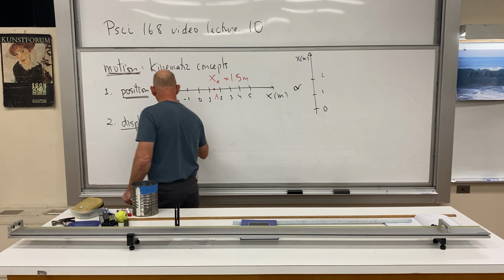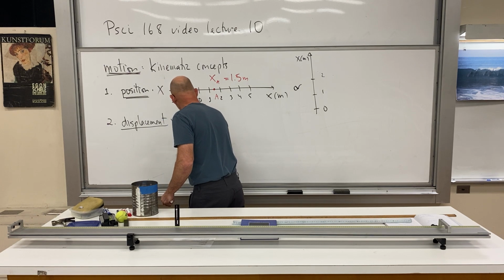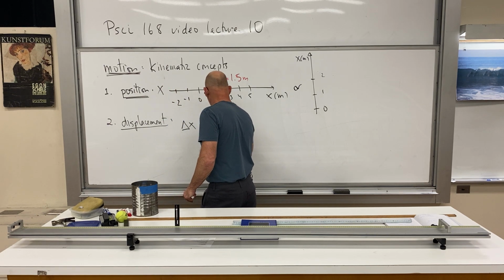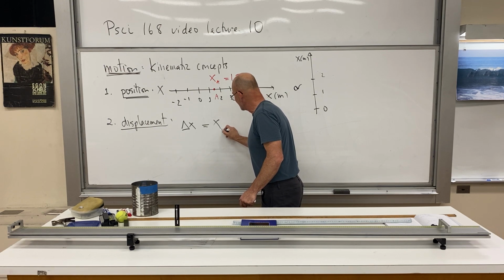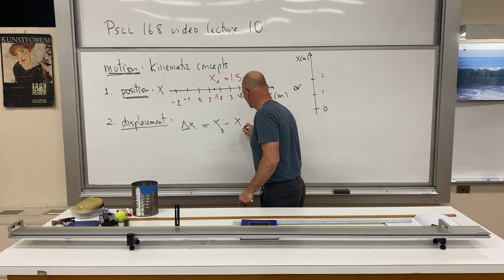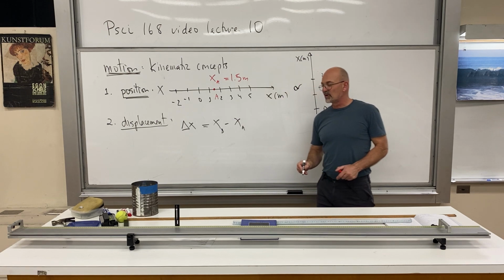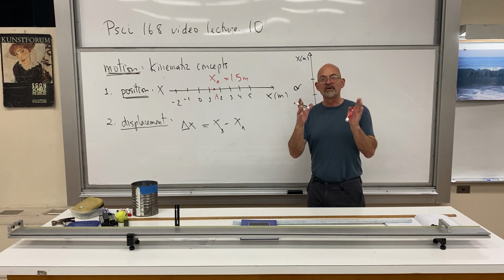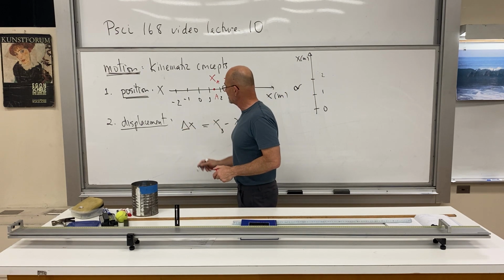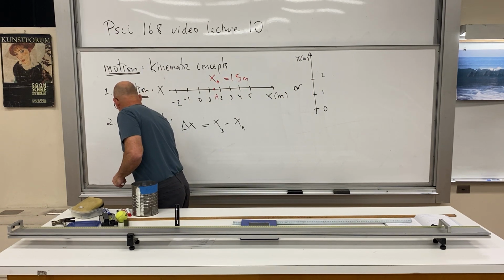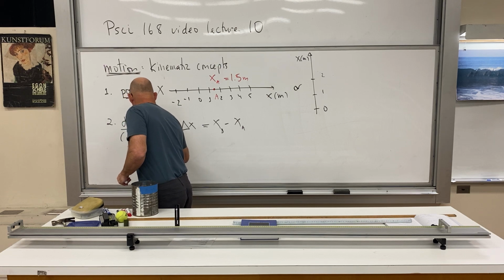And the displacement is going to be called delta x, and it's x final minus x initial, or I could say x of b minus x of a, and that represents moving something, the change of position, right? Change of position, put that down here, change of position.